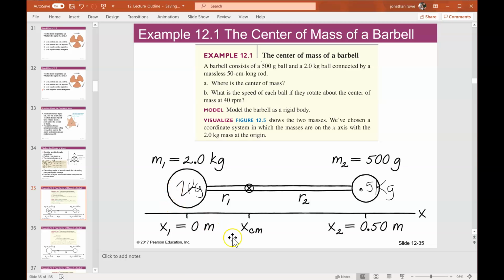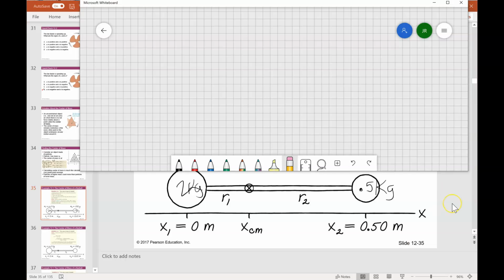So we're going to apply this formula for the center of mass. We're not going to have a y coordinate because this is just a flat rod with weights on the ends, so it's not like a blob where you have to do vertical and horizontal.